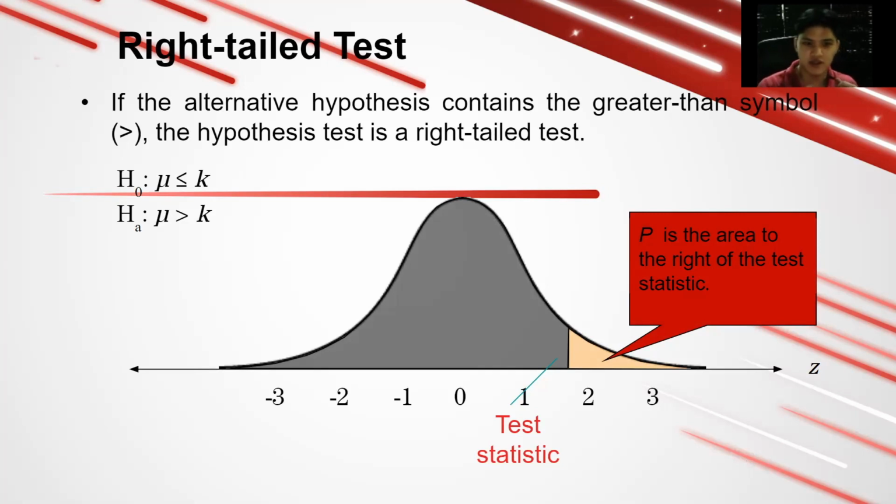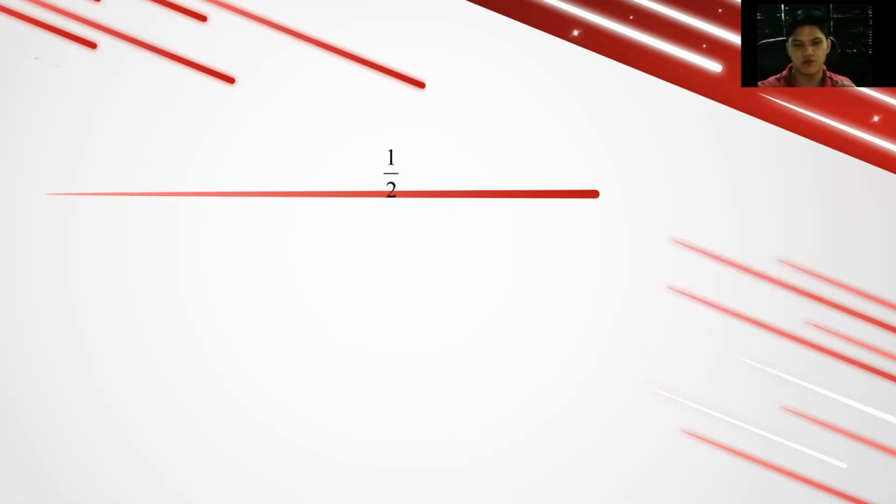So this is a right-tailed test since it contains the greater than symbol. Again, a similar thing: the p-value is the area to the right of the test statistic when it comes to the right-tailed test. A while ago, the p-value was on the left of the test statistic, while for the right-tailed test, the p-value is the area to the right of the test statistic. And this goes with a similar formula for the test statistic.